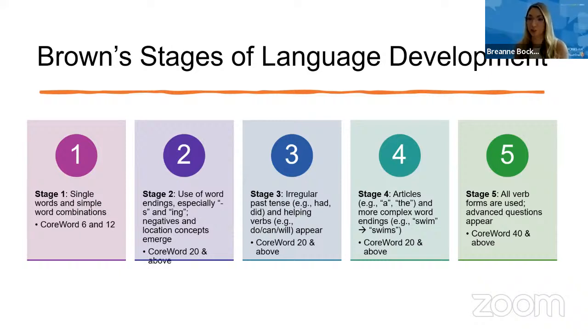Moving on to stage 2, communicators combine 2 words more consistently to form simple phrases and sentences. So this is where we see the use of word endings, negatives, and location concepts emerge. And we have these elements built into CoreWord 20 and beyond. And this is where you'll start to see some overlapping in the stages and what size layout corresponds to that.